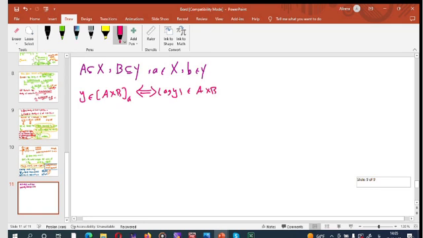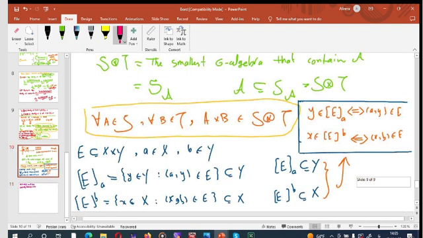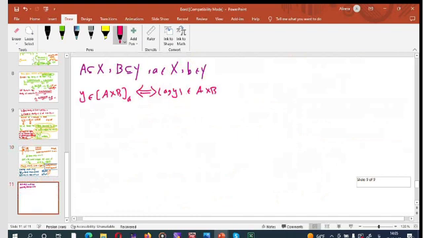This is told by this observation: y belongs to this section if and only if (A, y) belongs to E. And this holds if and only if A belongs to A and y belongs to B. Both of these must hold.